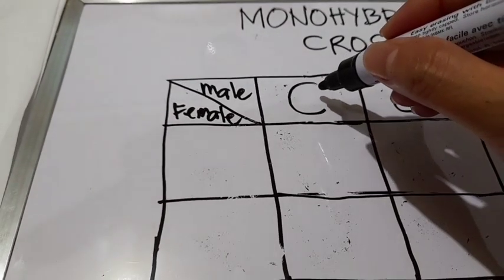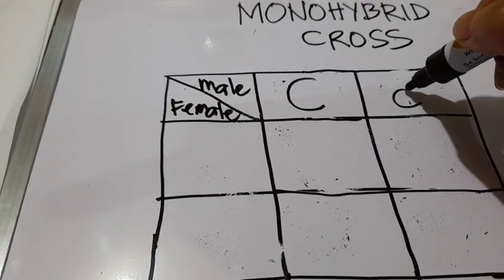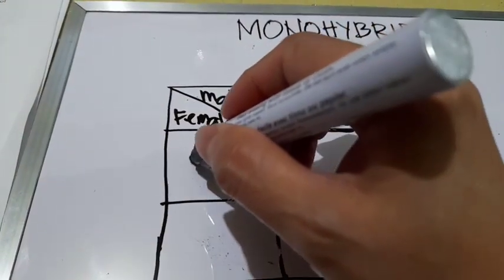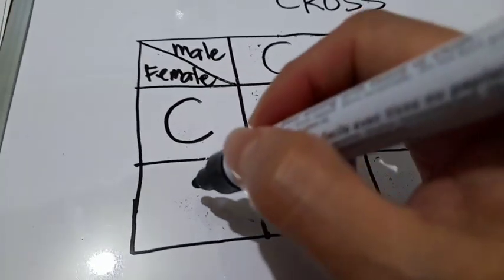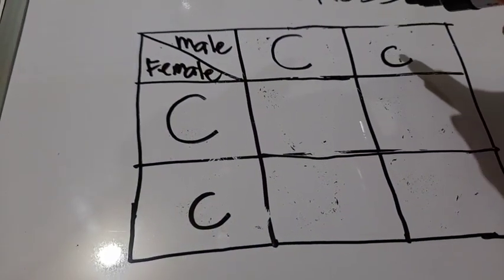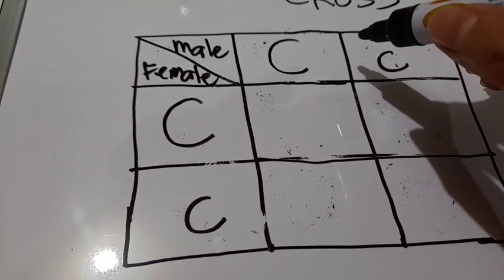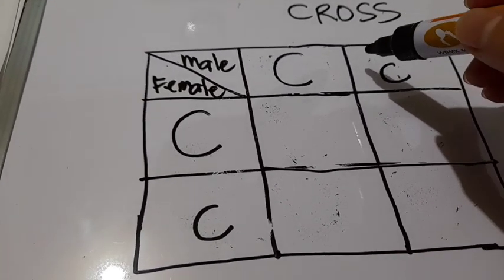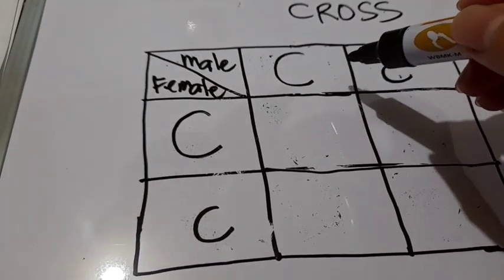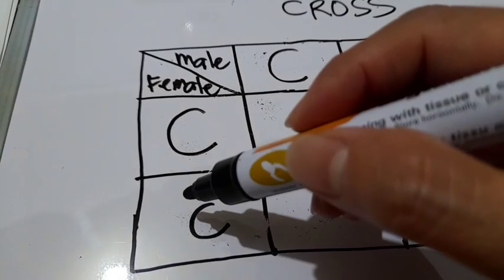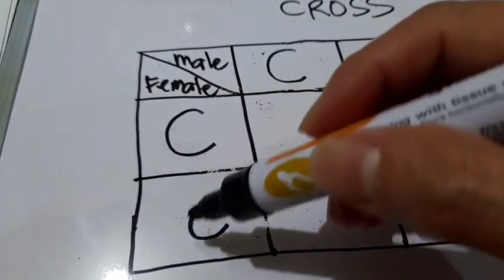So capital C and small c, this is heterozygous curly. And the female or the mother is also heterozygous curly. So let us try to make a cross between heterozygous curly hair cross with another heterozygous curly hair.